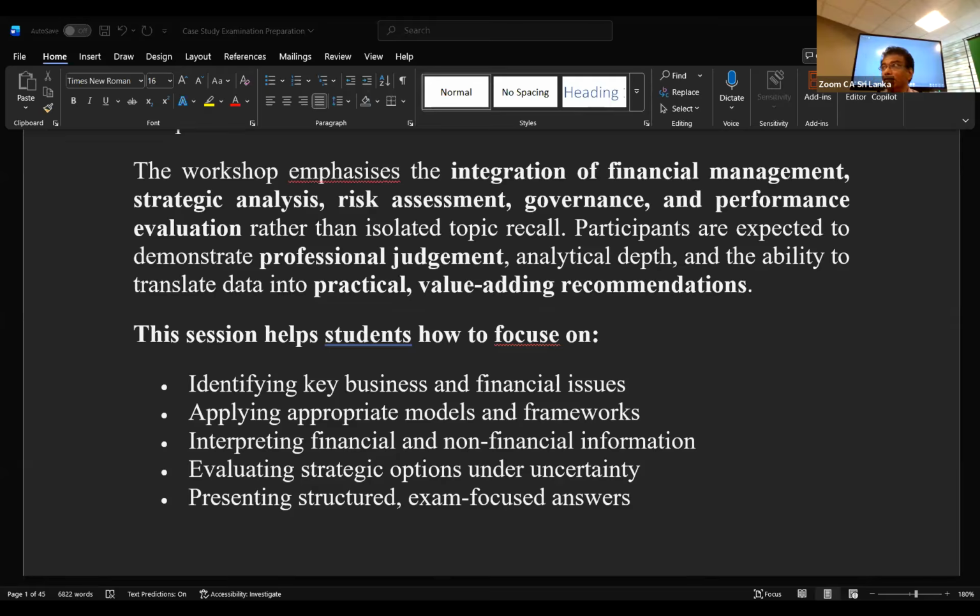Why? Taxes are already deducted in net profit, so you are doing the adjustment wrongly. If you start from net profit, you don't deduct taxes. Only if you start from earnings before interest and tax do you deduct the tax component, because that is the firm value. Those are common mistakes, and you lose marks. So make sure you perfectly understand the concept of free cash flow and how to apply it.